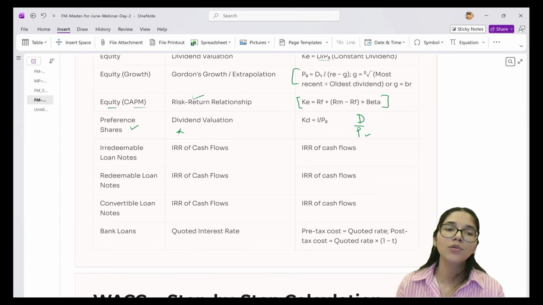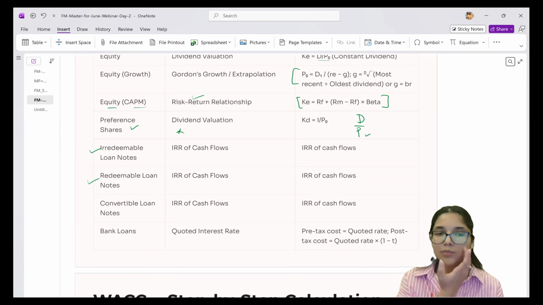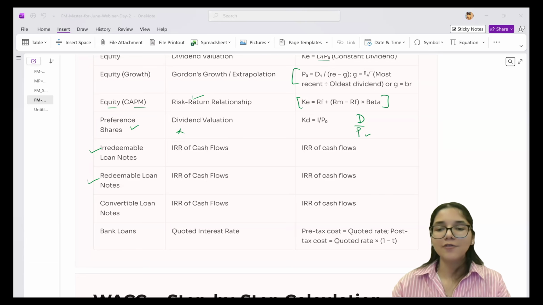Then when it comes to irredeemable loan notes, redeemable loan notes, and the convertible loan notes, we have a different formula for the redeemable loan notes. Guys, what's the formula that we use for the redeemable loan notes?